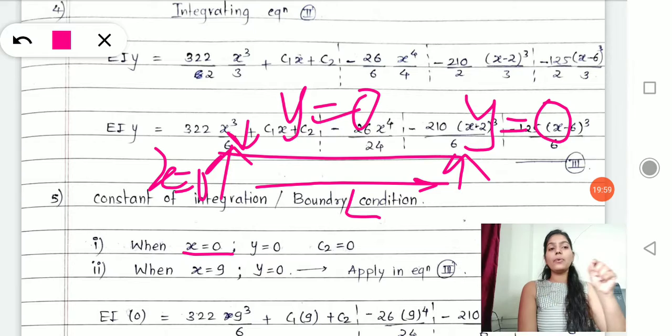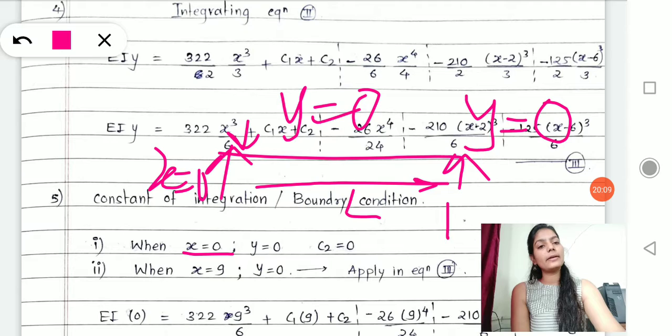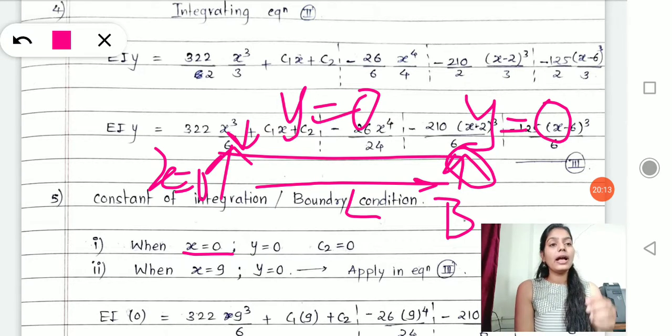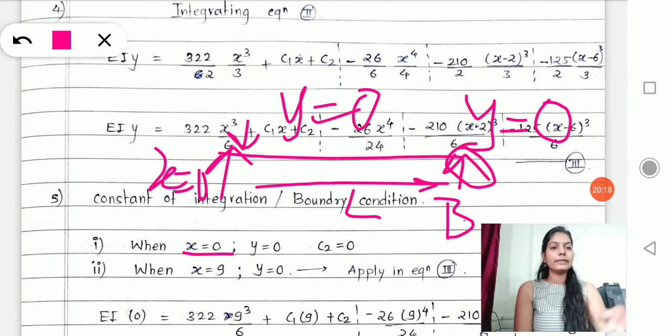X travels the whole length of your beam, still y will be 0. Y is 0 because again at this B support you have a column there, and that will not allow my beam to sink down, right?